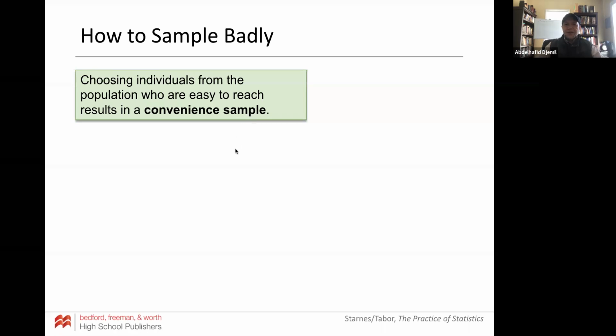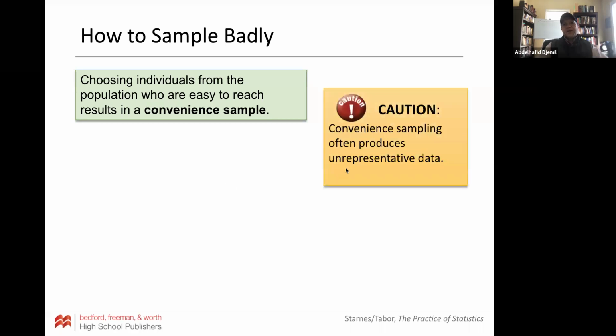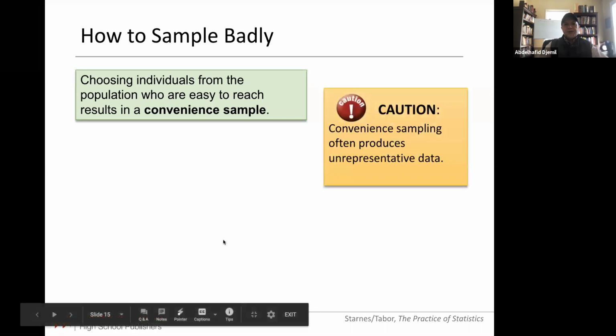So convenience sampling is when you are not trying to make it hard on yourself. You're doing it as easy as possible on yourself. It is convenient to you, so it's convenience sampling. Convenience sampling often produces unrepresentative data. You go to your friends who are near to you, it doesn't work. It doesn't represent your neighborhood.